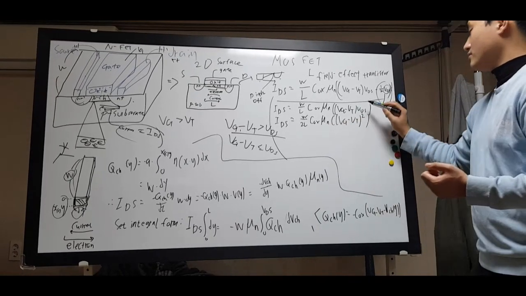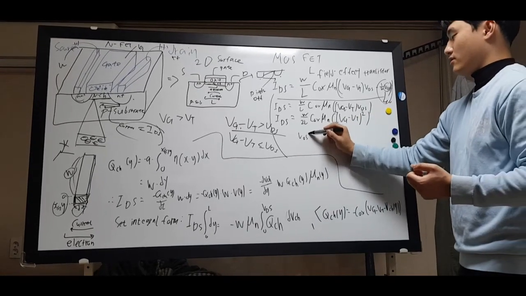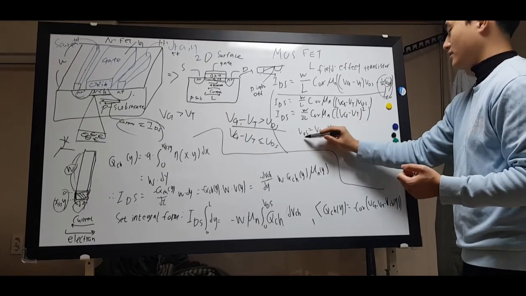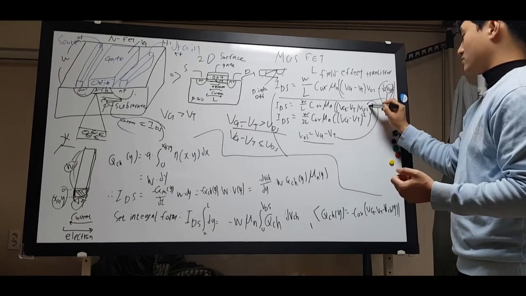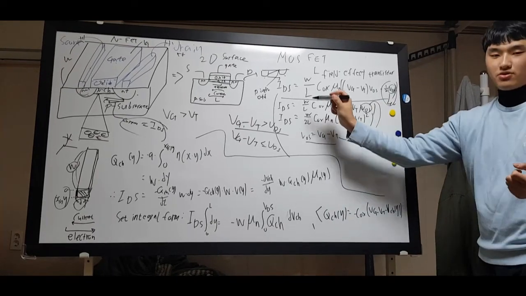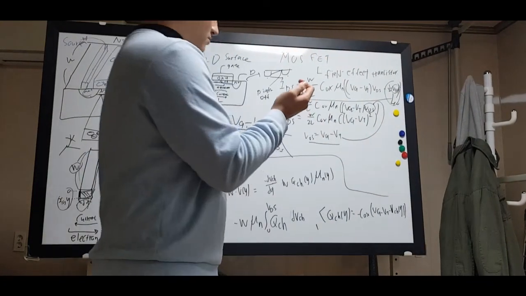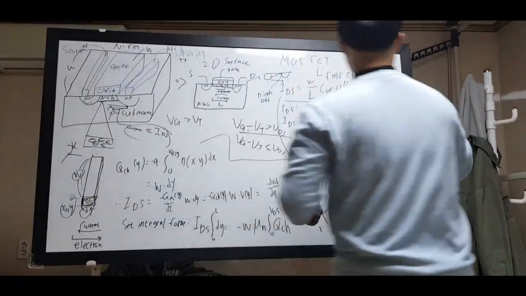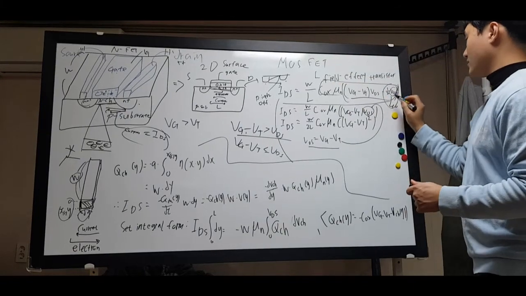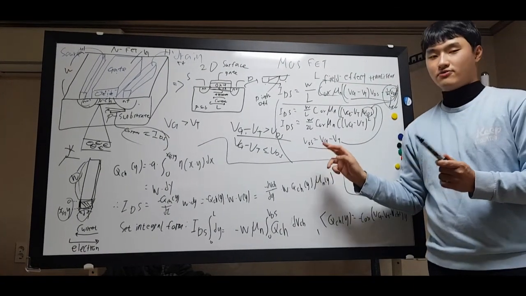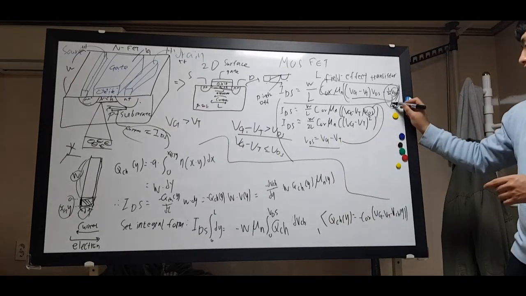So here, when VDS is equal to the gate voltage minus the threshold voltage, we inject this into VDS and it will make it like this. At these equations, when injecting VDS as the gate voltage minus the threshold voltage, the equation will be like this.